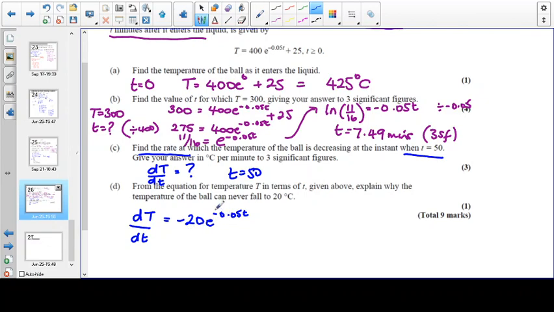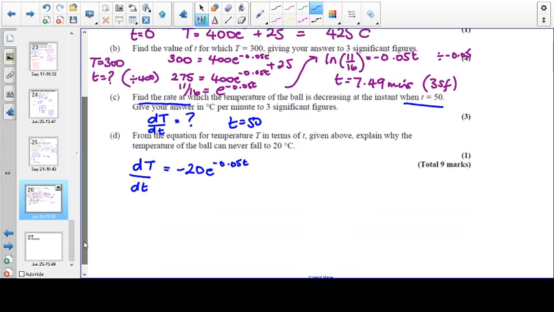So that is the gradient function. When t equals 50, dT by dt is minus 20 e to the minus 0.05 times 50. So we just need to put that in our calculator.